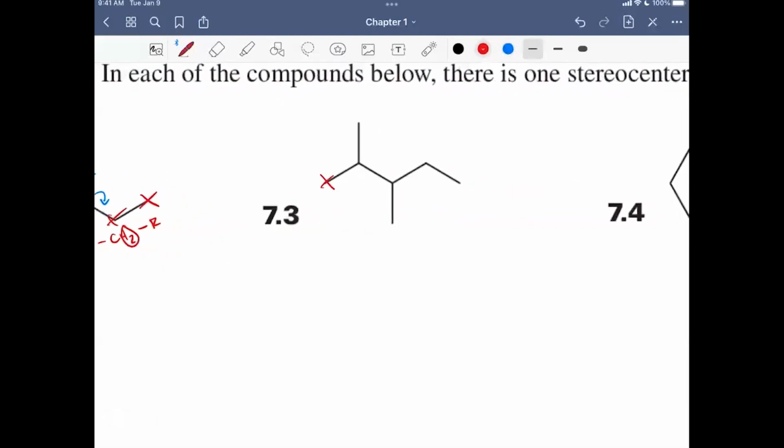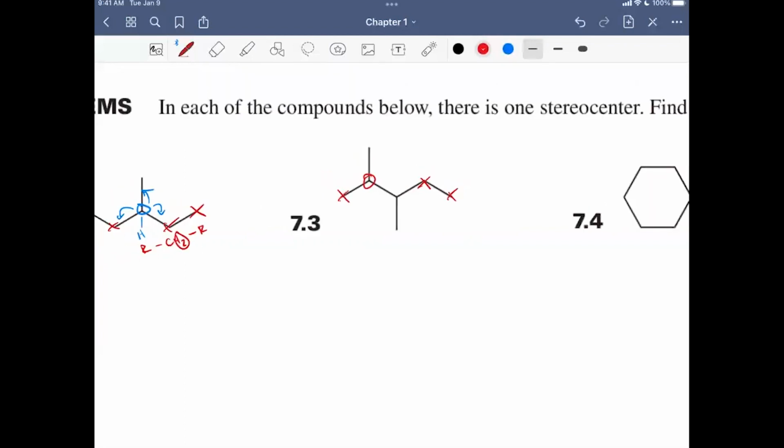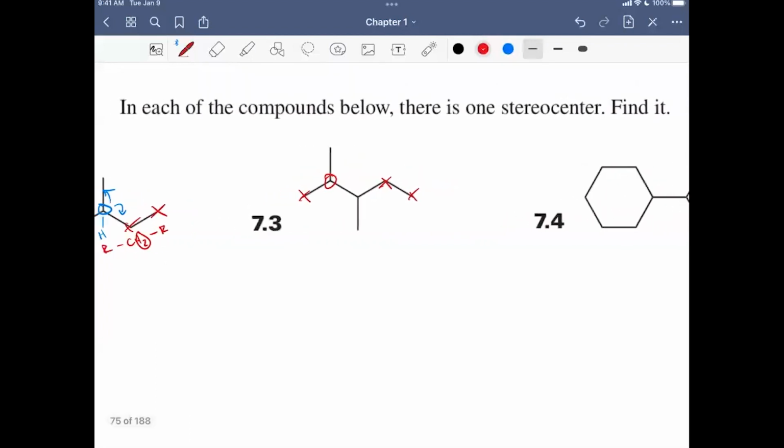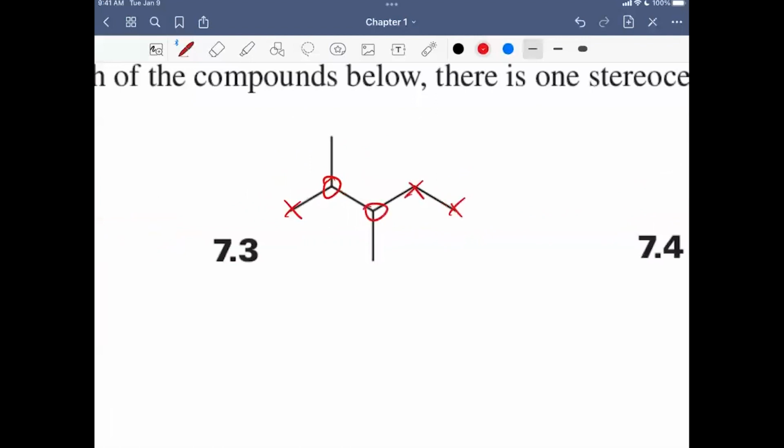Let's put out these CH3 groups, and our CH2 group can go. And now we have to think about this one. The question says below there's one stereocenter. So there's only supposed to be one stereocenter, and it's between these 2 compounds. What do you guys think? Well, I would say this one looks better than this one because if we're counting carbons, they look the same, but let's just go through them both one at a time.